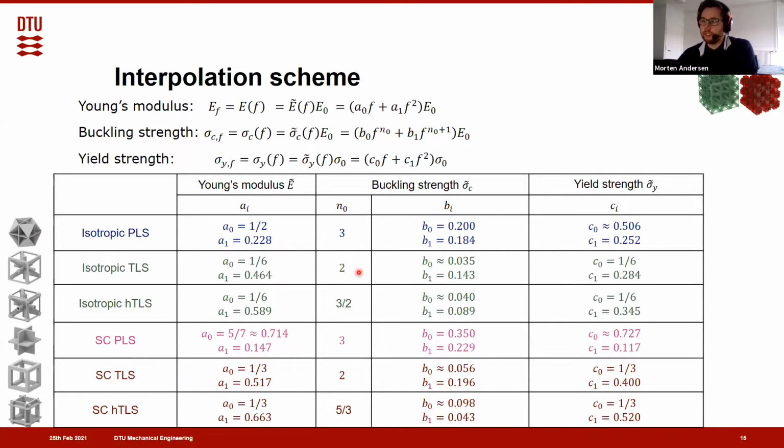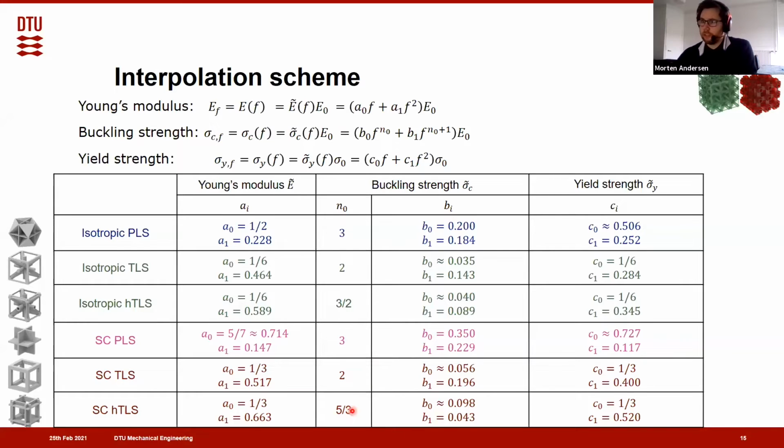The truss lattice here has an exponent of 2, which means that they have better buckling strength at lower volume fraction. And once again, the hollow versions have an even lower exponent, so that means they also perform better than their solid counterparts.